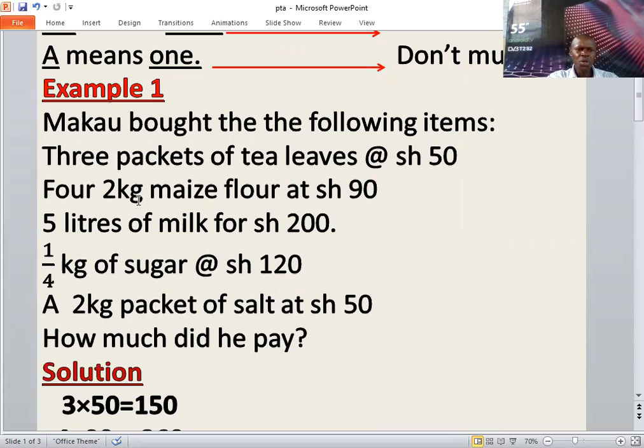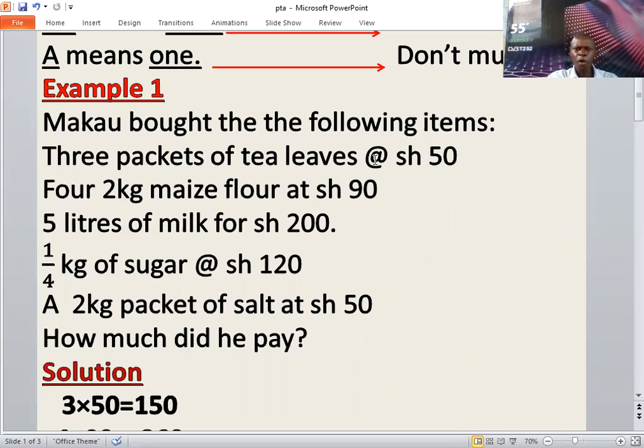Next item bought: 2 kilogram maize flour at 90 shillings. Now, we have the term at.